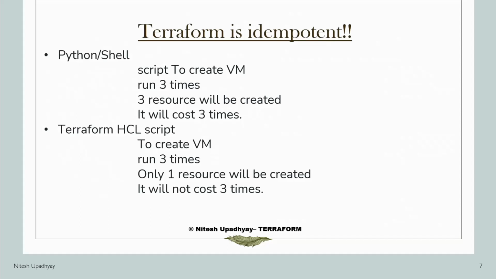Instead, you just need one single resource for your app deployment. Now let's say the equivalent code is written in an HCL script for Terraform. You run it 3 times. This is the intelligent part of Terraform, state maintenance. It will only create one resource even if you run the script 3 times. So definitely it will not cost you 3 times.